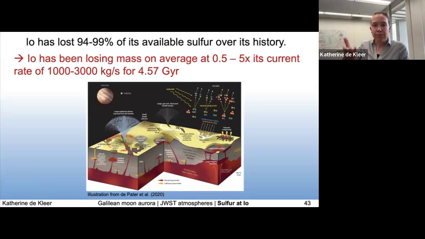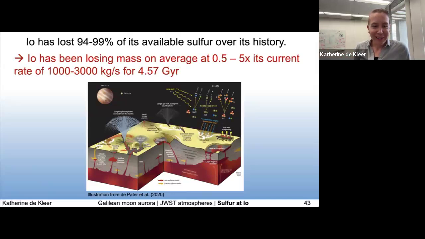Our best fit measurement finds Io losing mass a little bit higher than its current rate over the history of the solar system. So maybe some evidence that the mass loss rate has been higher in the past.